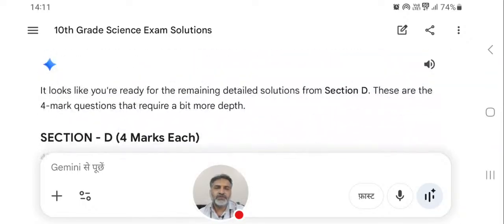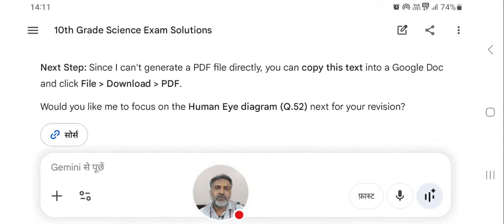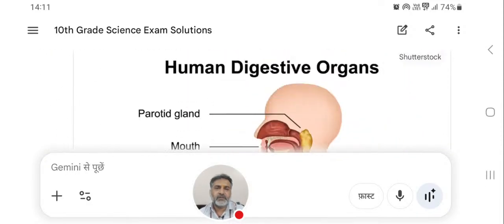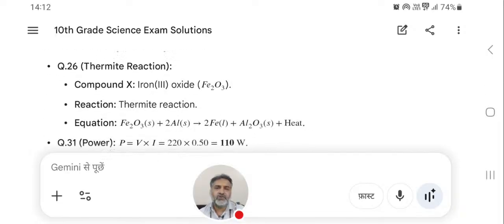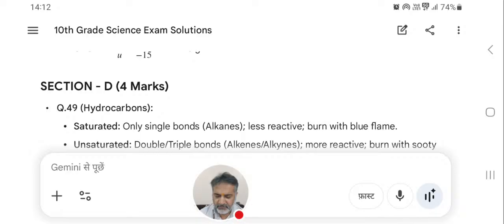Gemini has skipped some of these. Question 47: fresh milk has a pH of 6. How do you think the pH will change as it turns into curd?